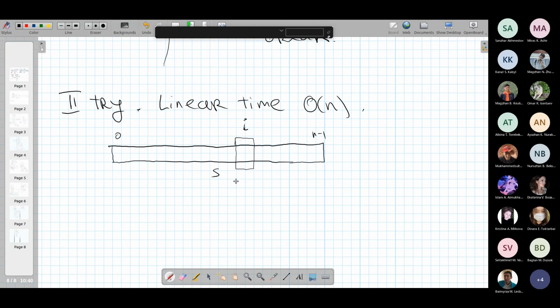Once again, we're going to do that for i from 0 to n minus 1. We obtain the answers one by one, starting from position 0, then position 1, then position 2, and so on. So we calculate the prefix function value by value.